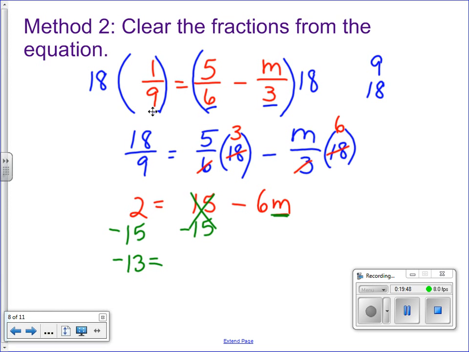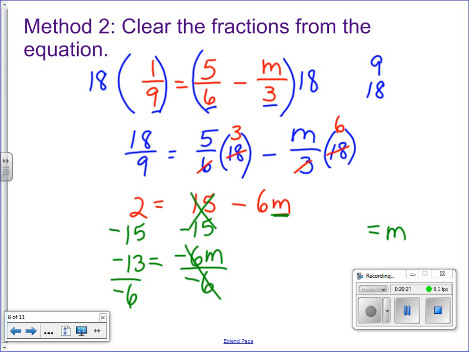And on the right-hand side, I have to be careful here too, because while I have 0 here, I have 0 minus 6m. Well, 0 minus 6m is negative 6m. All right. Now, to further isolate the variable, we're going to undo the multiplication by dividing by -6. -6 divided by -6 is 1, and 1 times m is m.